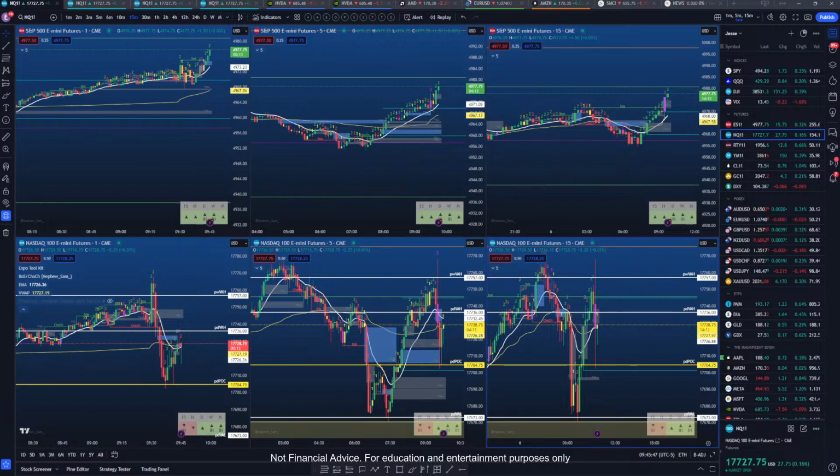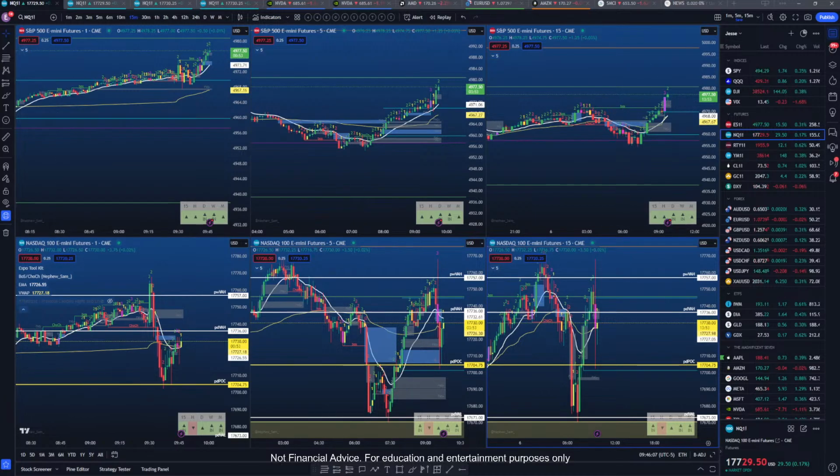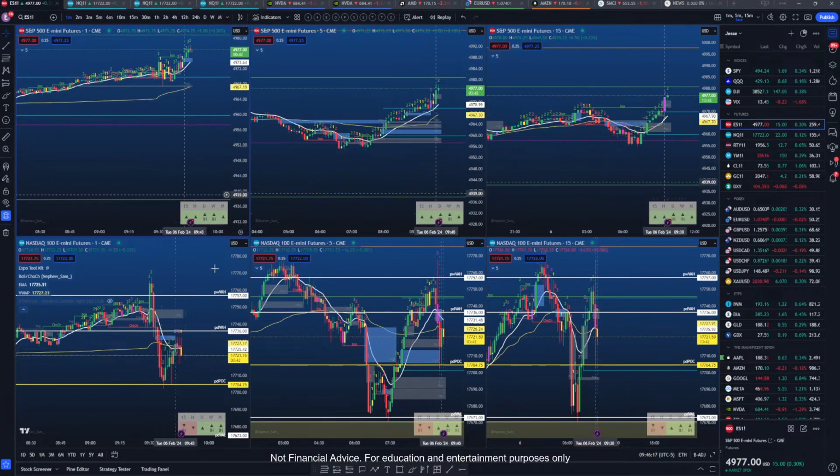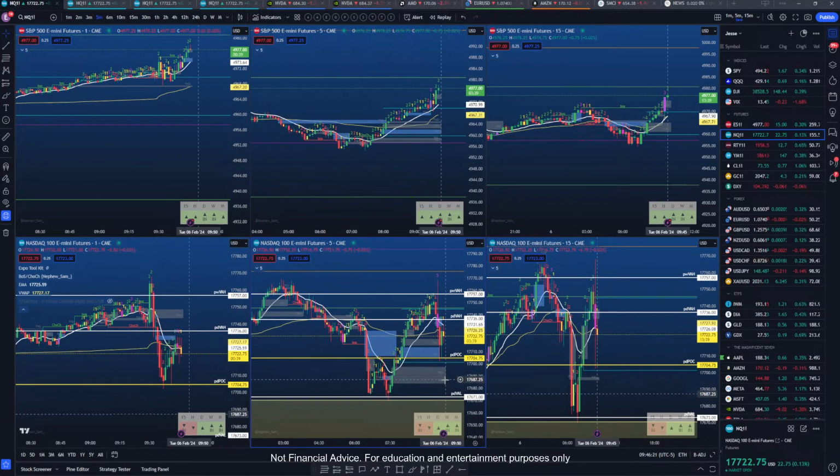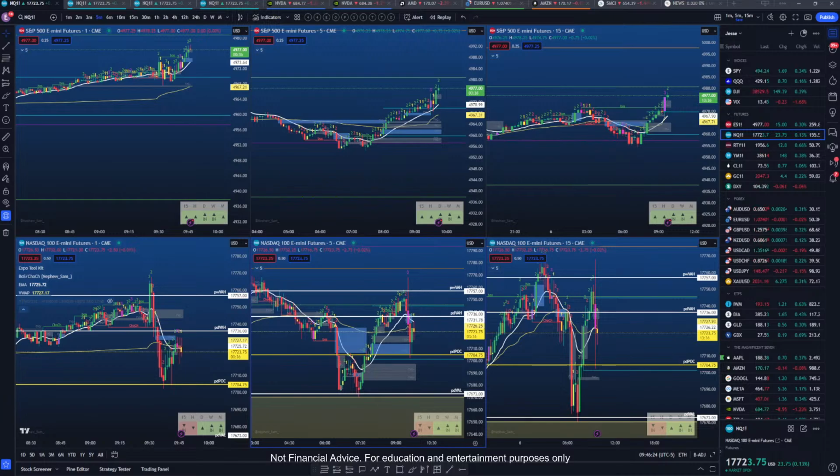Yes, making a new high here. Might be interested in doing that on. Let's see what happens here. NQ is short.